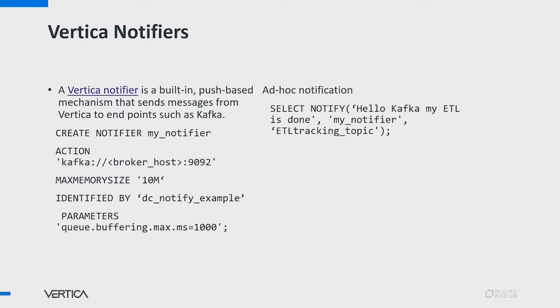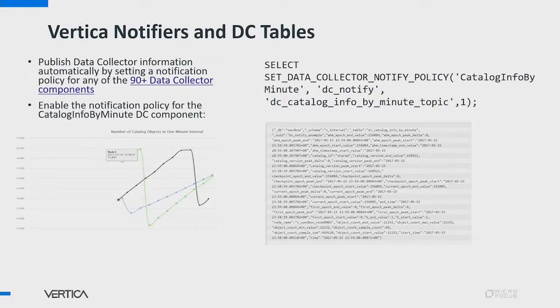And this can be achieved by using a function called data_collector_notify_policy. And the use is again straightforward. We specify the DC component name. If you know about DC tables, you know that each DC table belongs to one DC component.